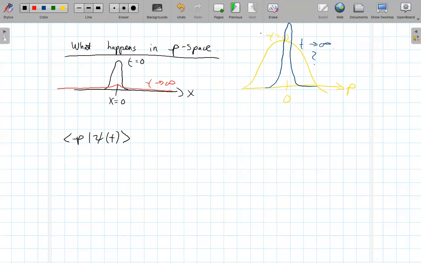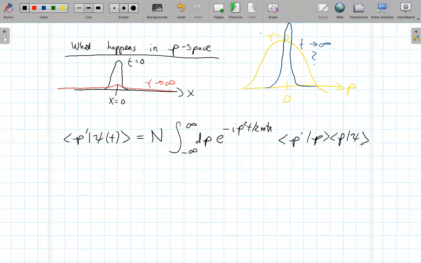This is going to be equal to, I'm going to have some normalization constant out here, which I'll call n, times the integral from minus infinity to infinity of dp e to the minus i p squared t divided by 2mħ. That comes from my Hamiltonian. But now what we get is the inner product between p, actually let me call this p prime, just to make it something different, p prime with p, and then I get p with psi.